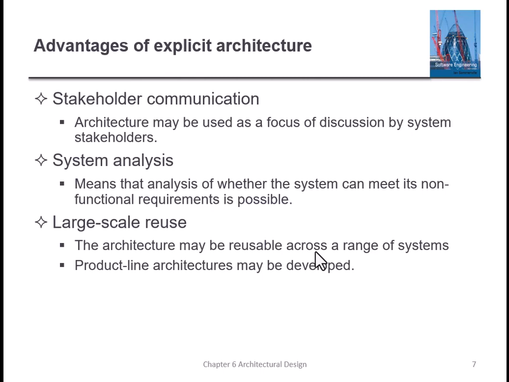Advantages of explicit architecture: three advantages. First is stakeholder communication, and this is a very important property, that through the early architecture design, we negotiate with the customers. Similar to civil architecture, what do we do if we design our house?